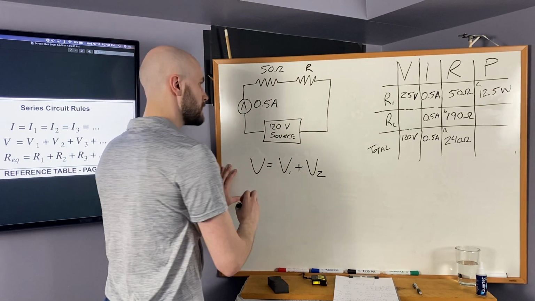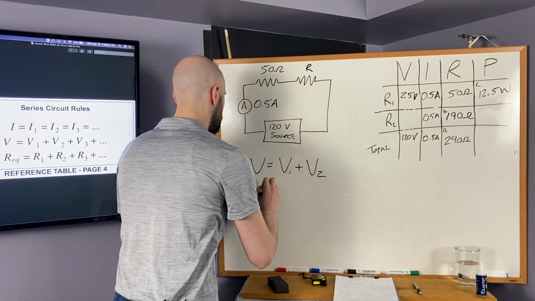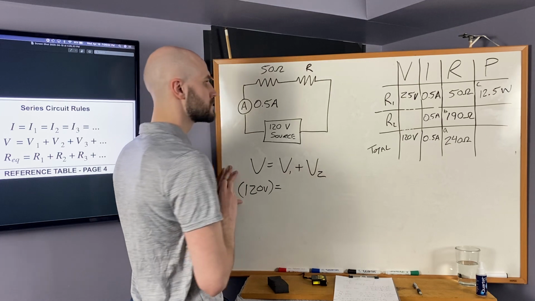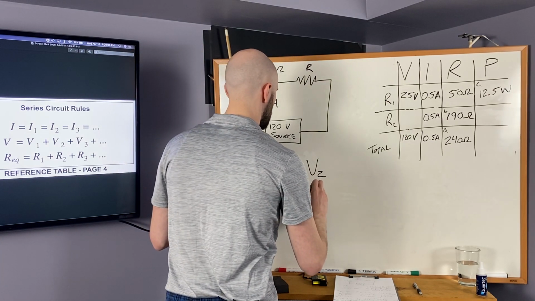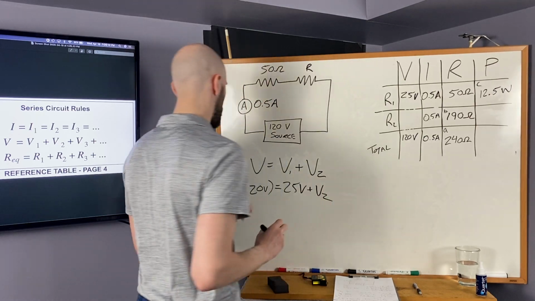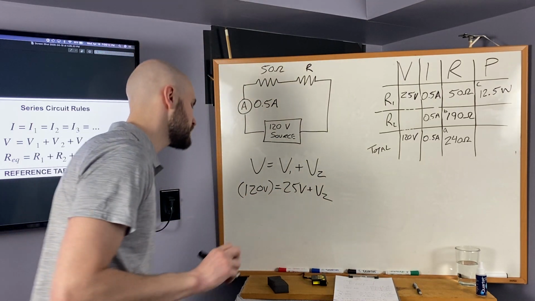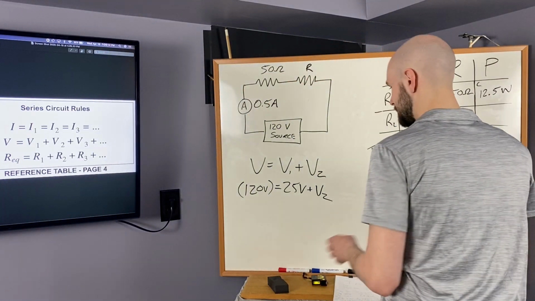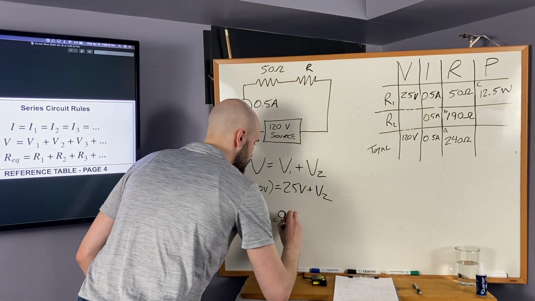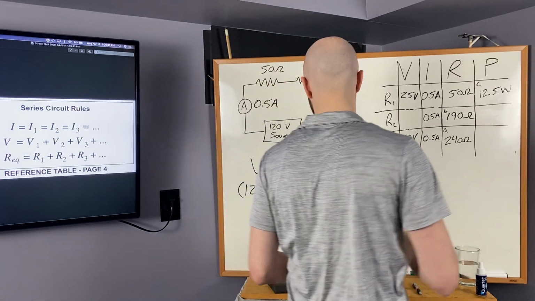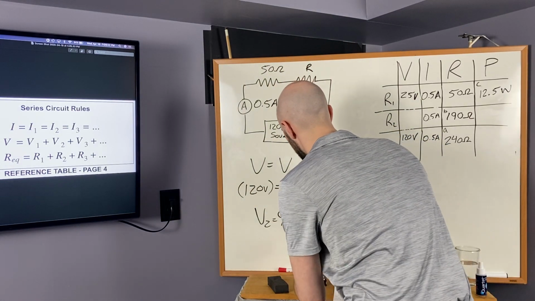Total voltage is 120. V1 is 25. Our goal is to find V2. 120 minus 25, we get 95 volts.